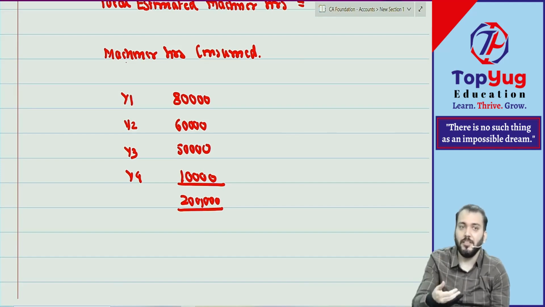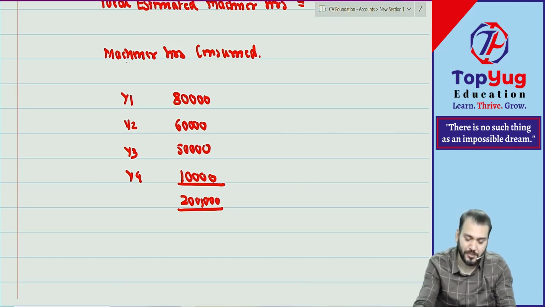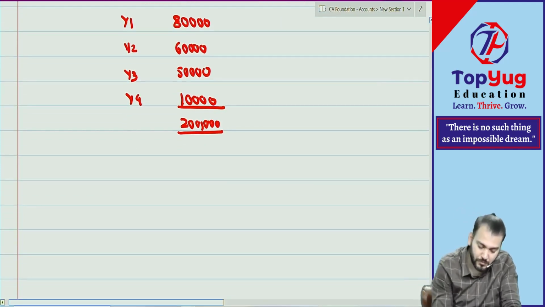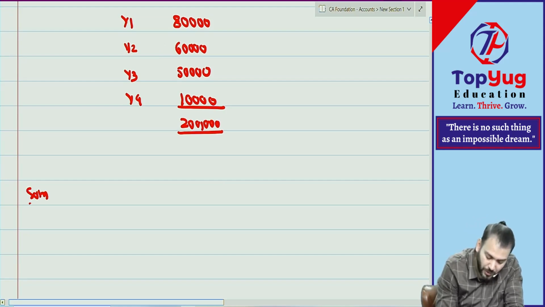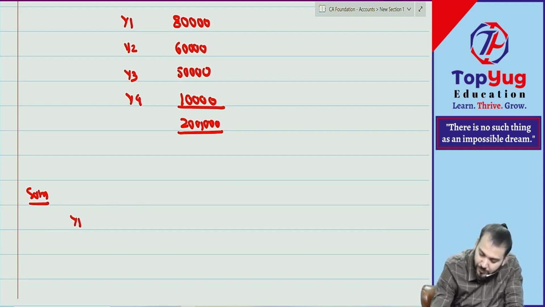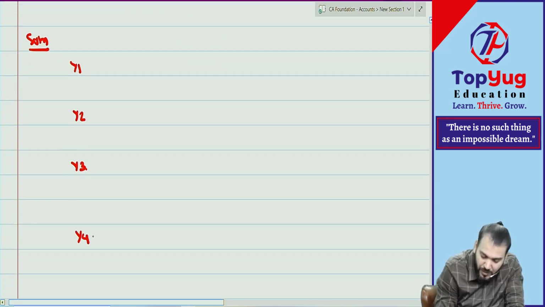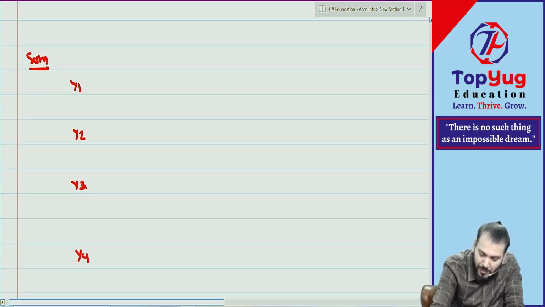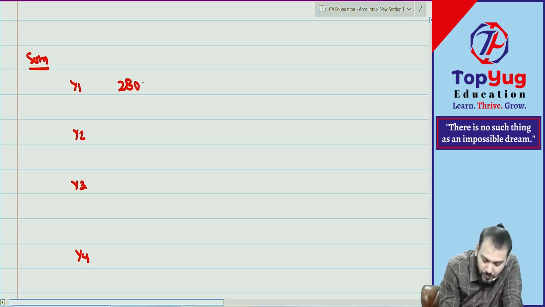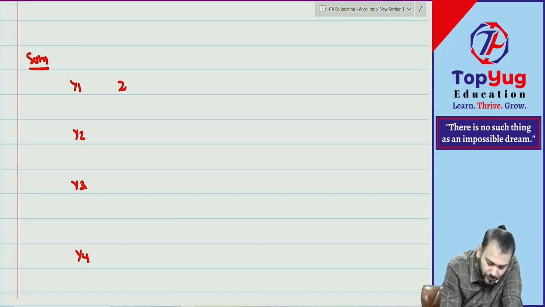Correct. Now every year you need to calculate what? Depreciation. One year I will say. Solution. So we need to calculate for year 1, year 2, year 3, year 4. The first year will be what? What is the depreciable amount? 25 lakh na? 25 lakh.